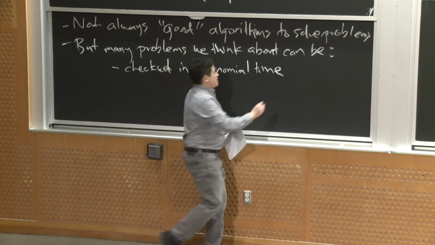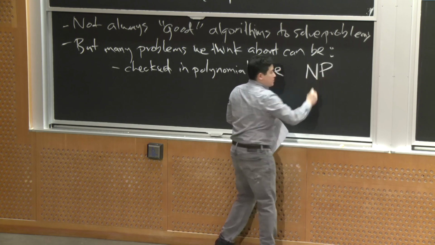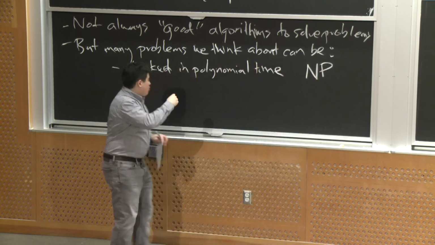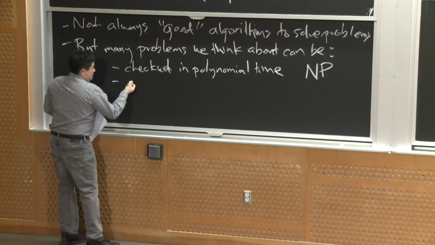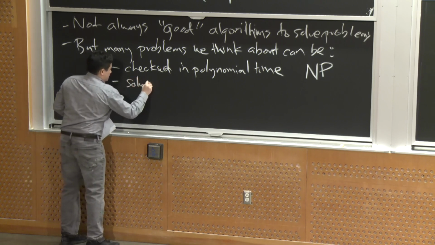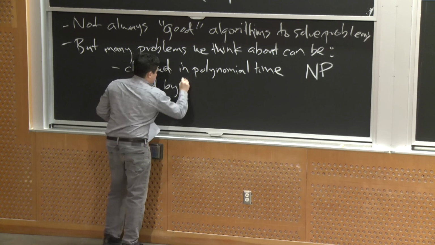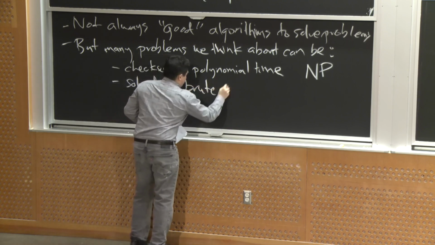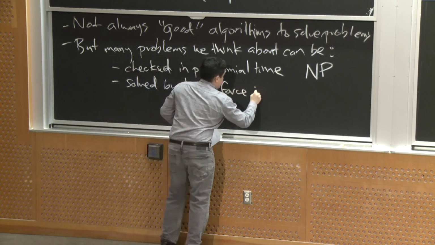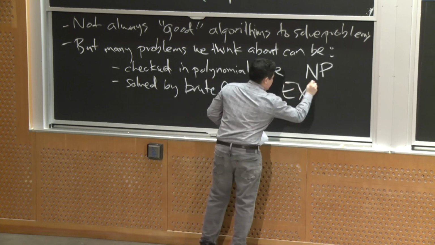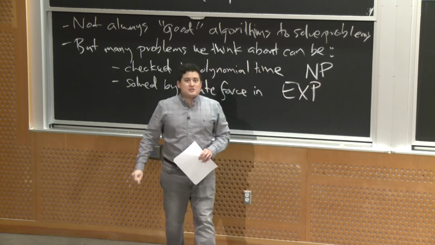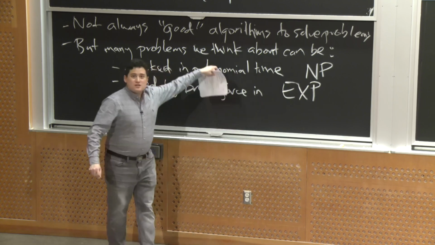to check in polynomial time. This leads to our class of decision problems NP, or can be solved by brute force in exponential time, right? Most of the things that we've talked about in this class fall into one of these two categories, right?